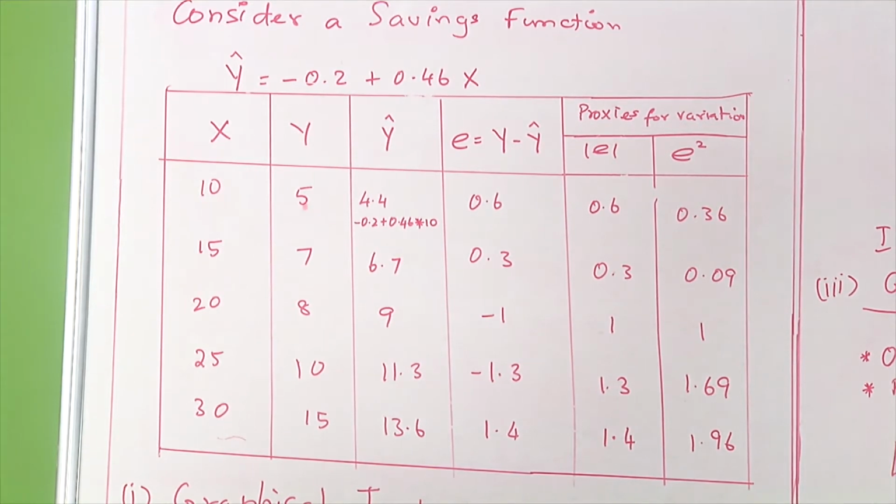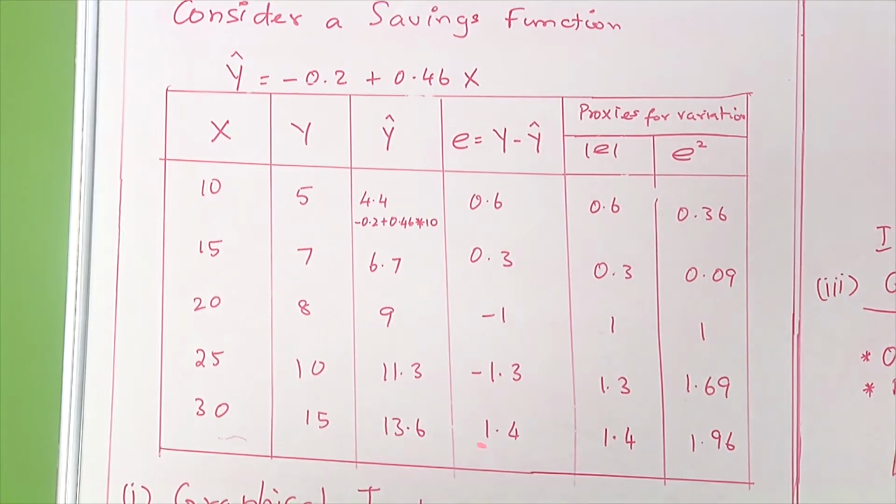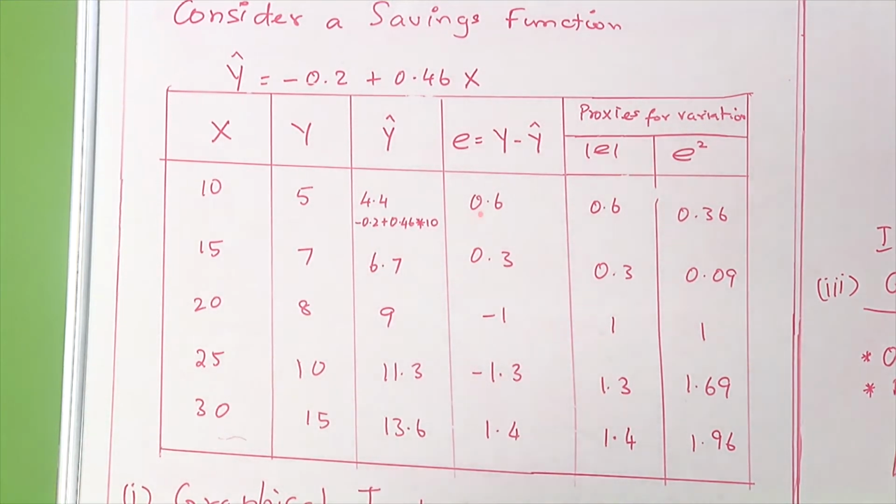So, just 5 minus 4.4, 0.6; 7 minus 6.7, 0.3; 8 minus 9, minus 1; 10 minus 11.3, minus 1.3; 15 minus 13.6, 1.4 you will get. So, after this, the proxies for the error variance are found for each observation. Either the absolute value of this is taken or the square of this is taken.